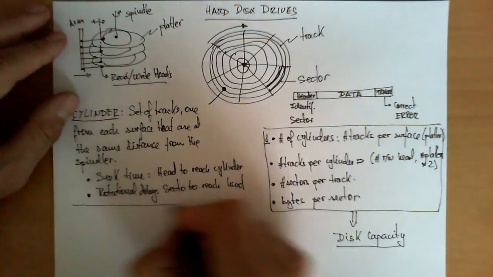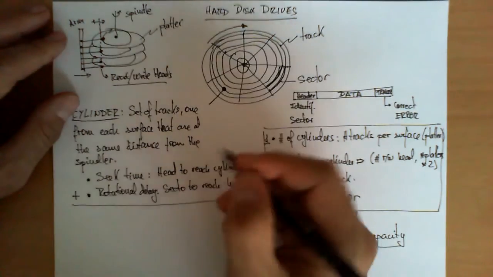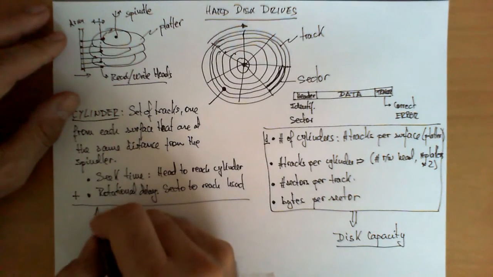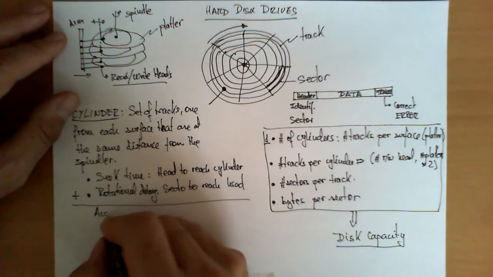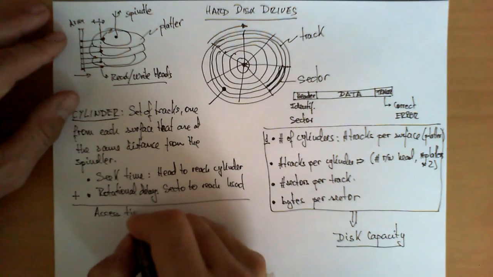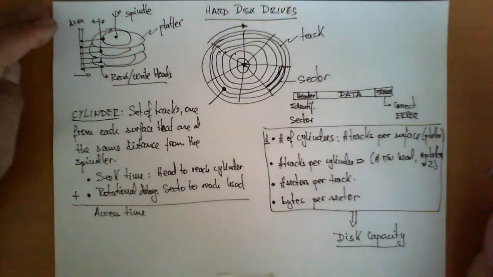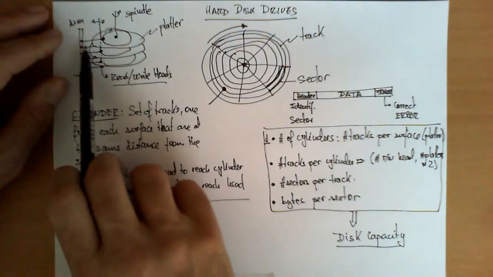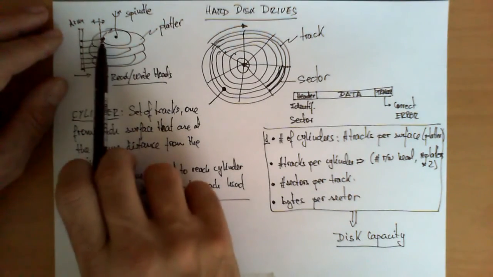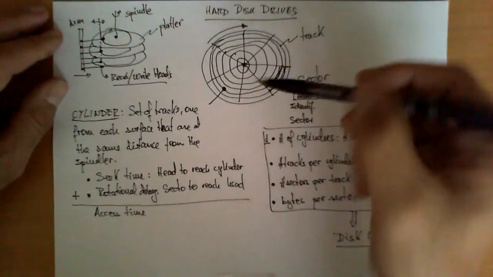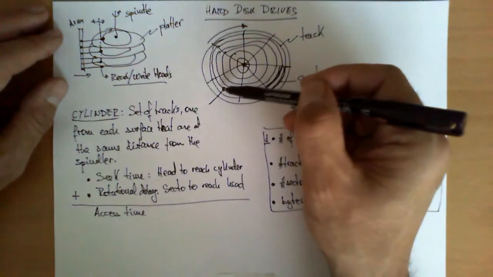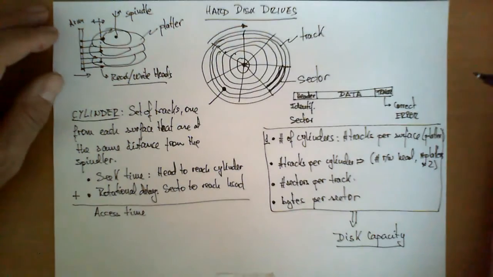If we add these two magnitudes, then we come up with one very important parameter of a disk, which is the access time. So again, the access time is the time that it takes for the arm to position the read-write heads in the right cylinder and for the sector to reach the read-write head. However, we don't have access to the information yet.